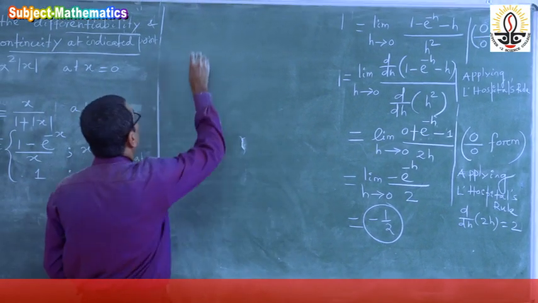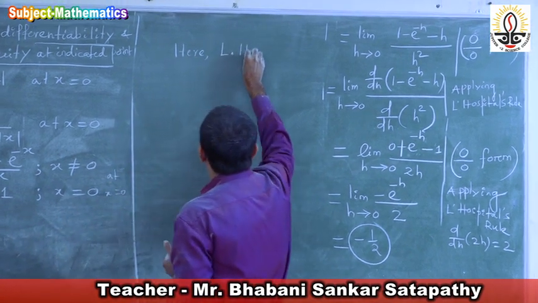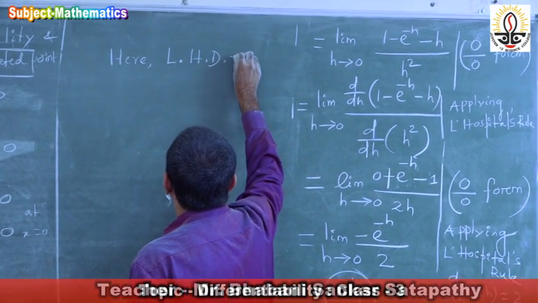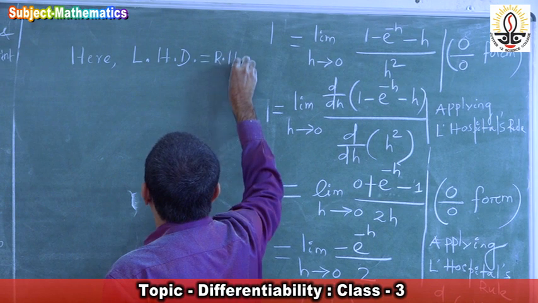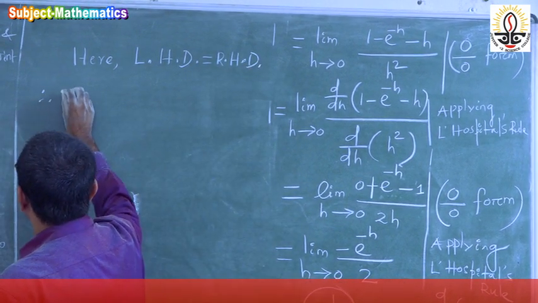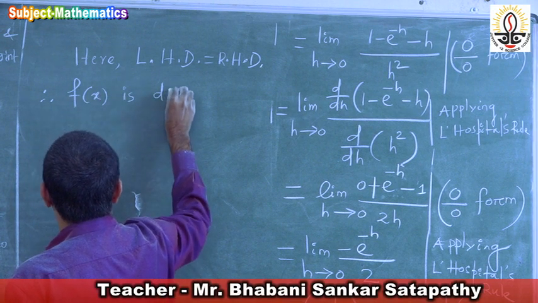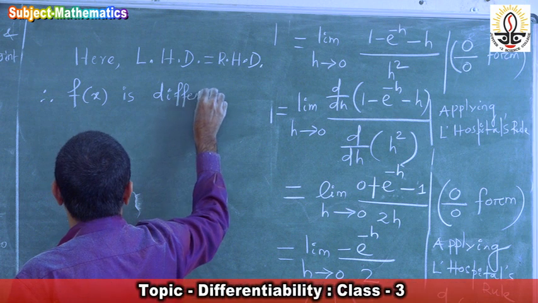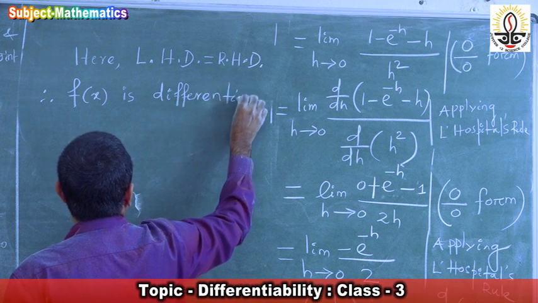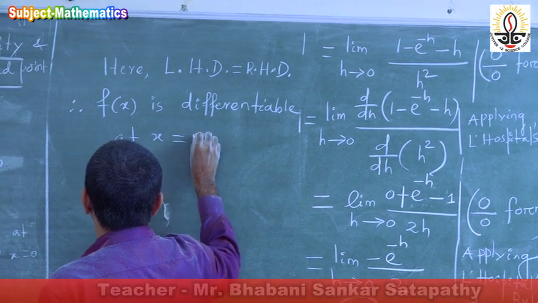So here the left hand derivative is equal to the right hand derivative. Therefore f of x is differentiable at x equal to 0.